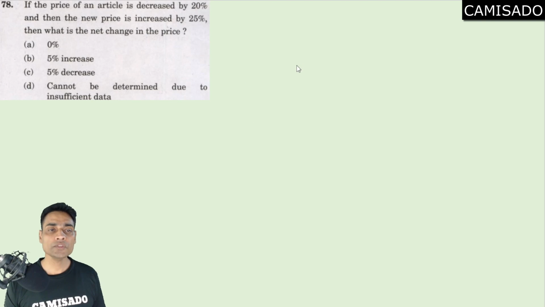Next, if the price of an article is decreased by 20% and then the price is increased by 25%, what is the net change in price? Suppose the current price is 100. There is a decrease of 20%, so the price will be 80.